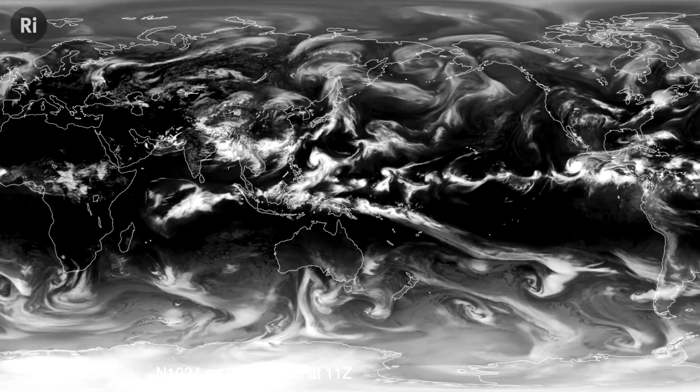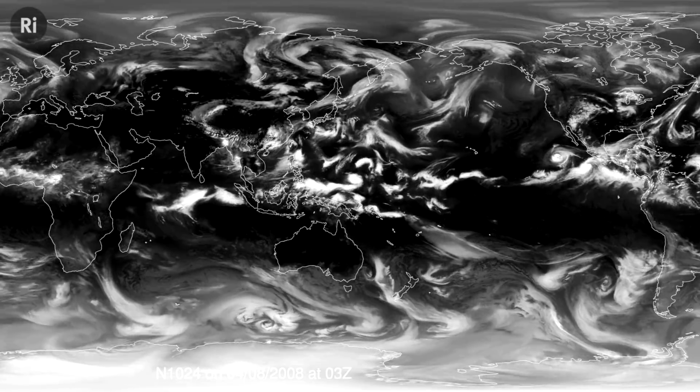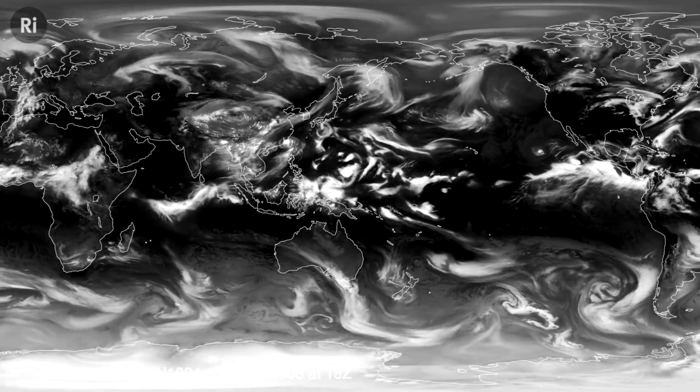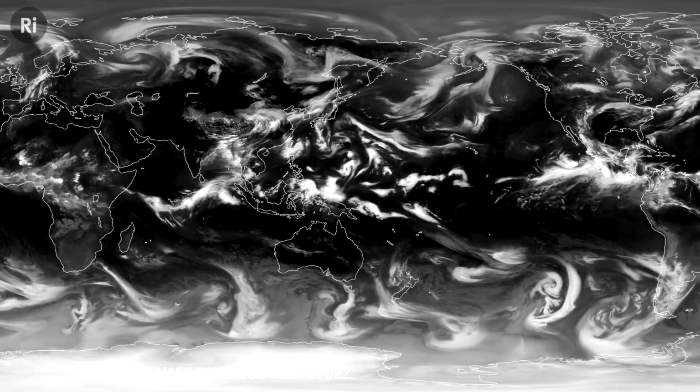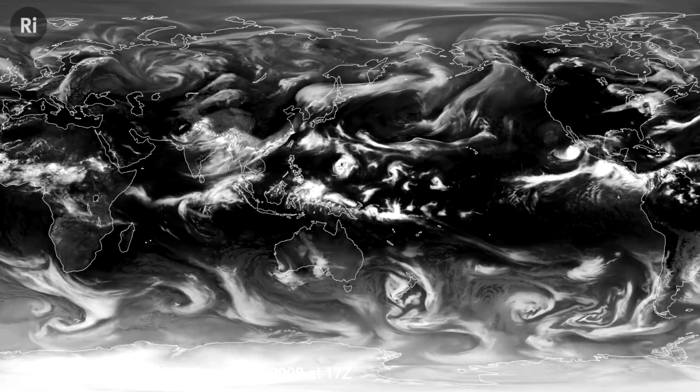Very simple view. What does it really look like? Well, it looks like this. So all those flows that I talked about, this is what's really doing it all. And some people say this is Mark Twain. In fact, it's not. But climate is what you expect, weather is what you get.